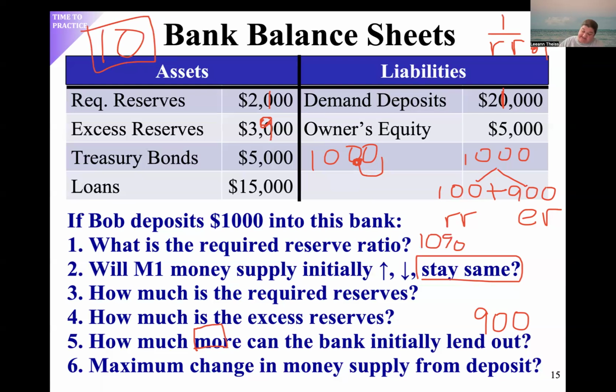So I'm going to say 10 as the money multiplier times $900, which was the additional amount that we are now going to loan out, which means that the maximum change in the money supply from this deposit is $9,000. Make sure you put your dollar sign. Okay, we're going to do another one.